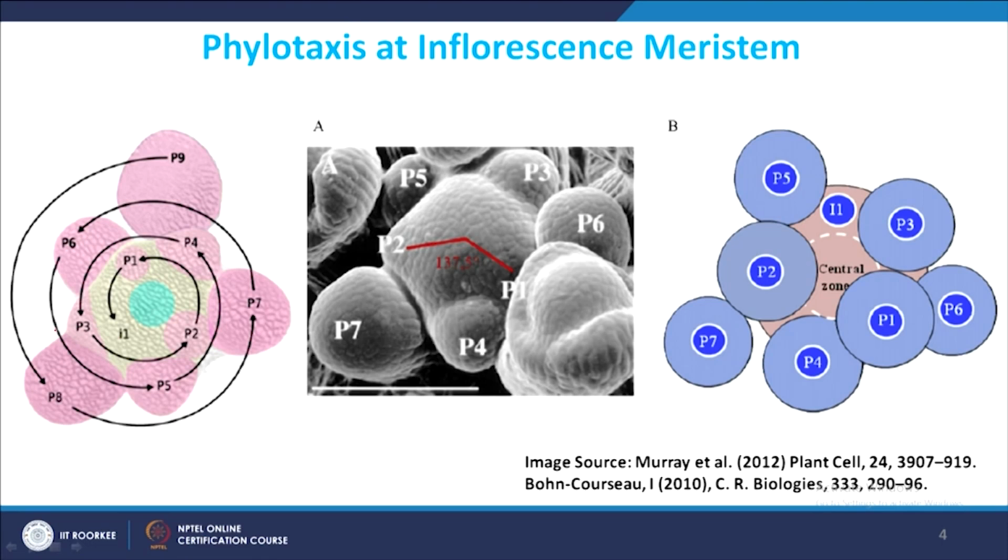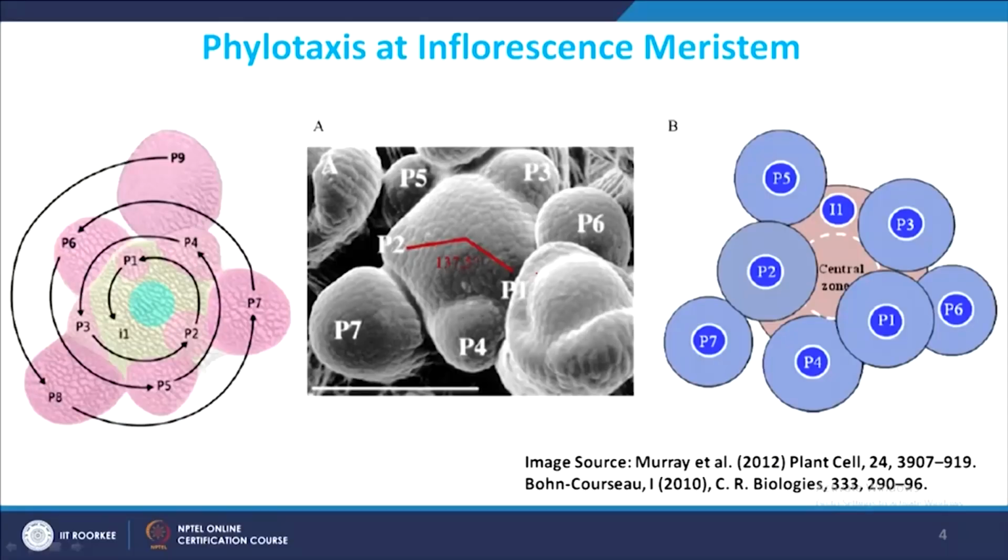Organogenesis is not a random process. If you look at the top view of a growing meristem, between P1 and P2 there is a typical angle. So, the positioning of the primordia is another very important and critical parameter during organogenesis.